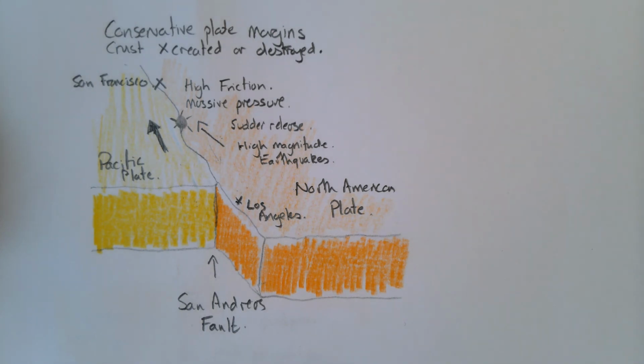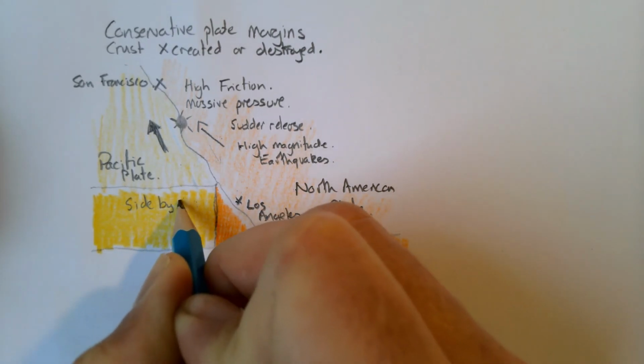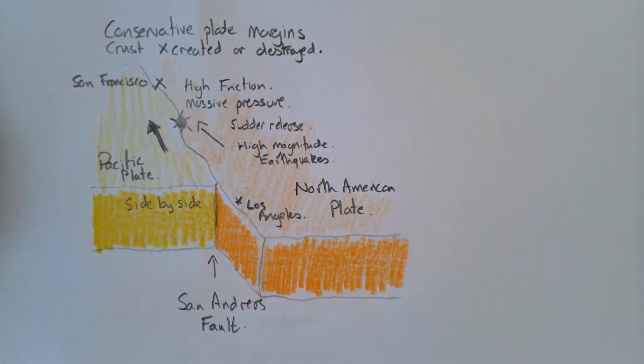Great, let's have a few questions. So, what is the direction of plate movement at a conservative plate margin? Good. They are moving past each other, side by side. And what tectonic hazards would I not find at a conservative plate margin? Good. We wouldn't find volcanoes.